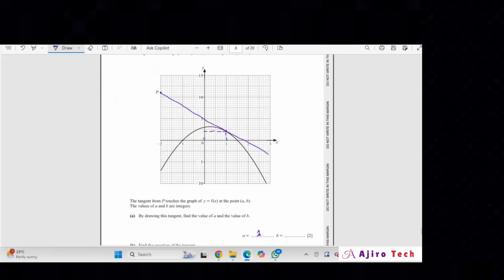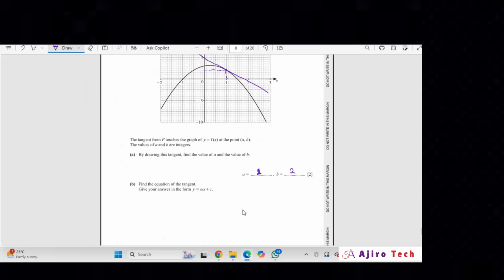Then this here is 5. So if here is 5, I'm going to have 1, 2, 3, 4. That will give us 4. No, it can't be 4. It will be, that means this is 0.5. 2 of it is 1. 1, that will be 2. So b is 2. So we have a is 1 and b is 2. That is what you have. So we are done solving that particular question.